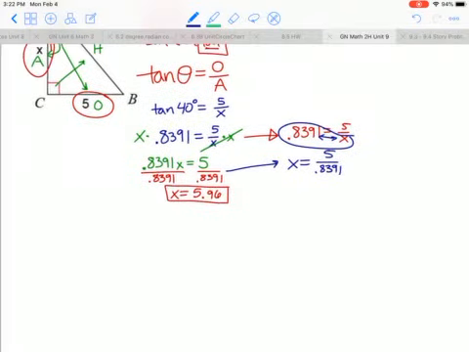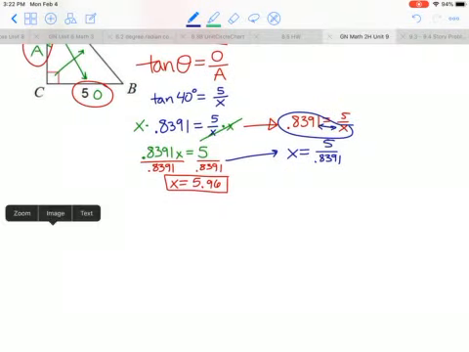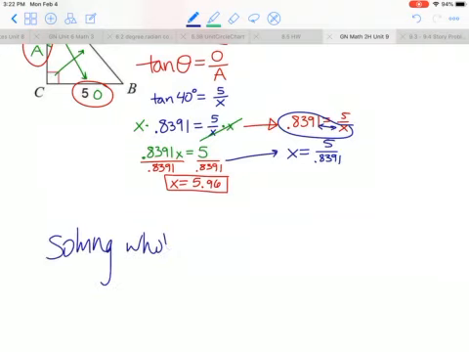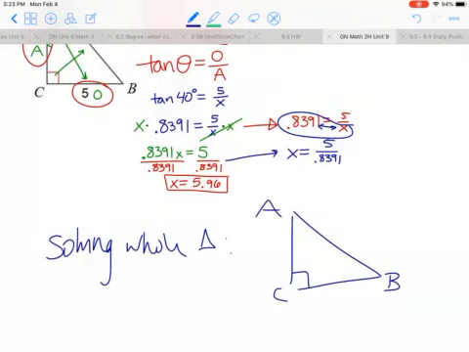The only other thing is if they ask you to solve for the whole triangle, so like if they give you, oh, that was a bad right angle. If they give you this, they give you A, C, B, and let's say they give you 20 degrees there, and 6 as your hypotenuse.